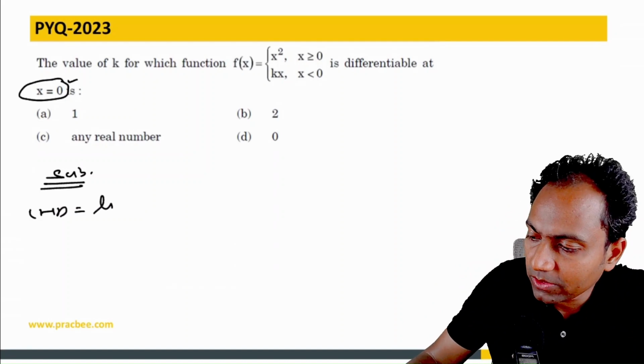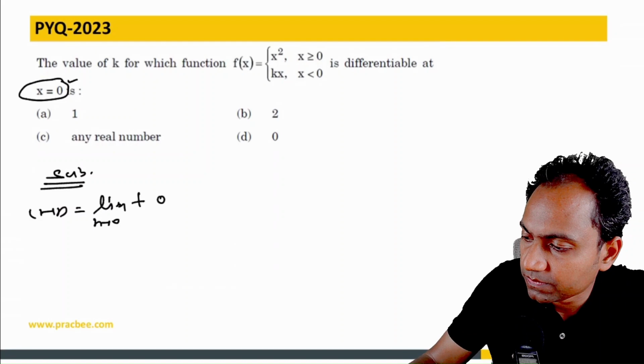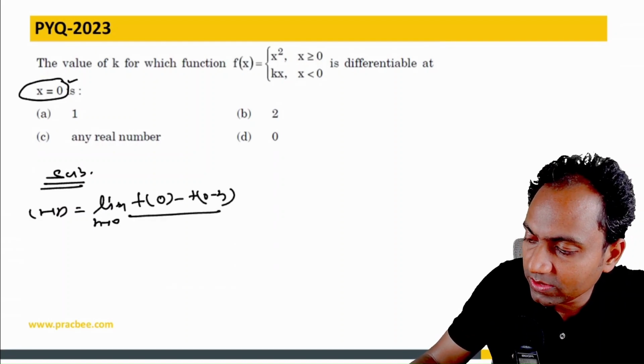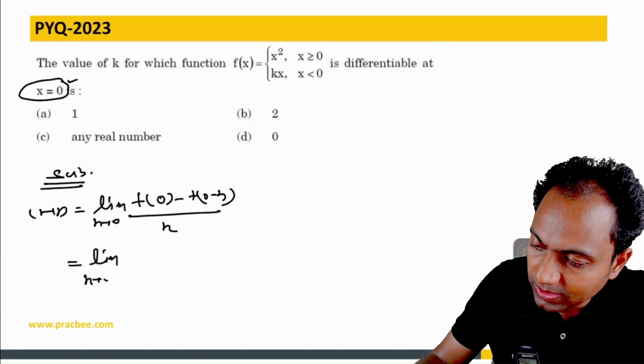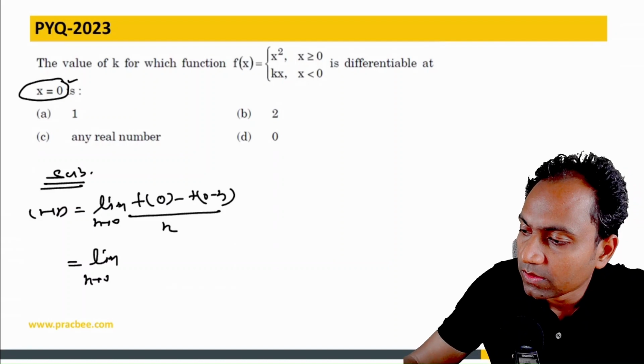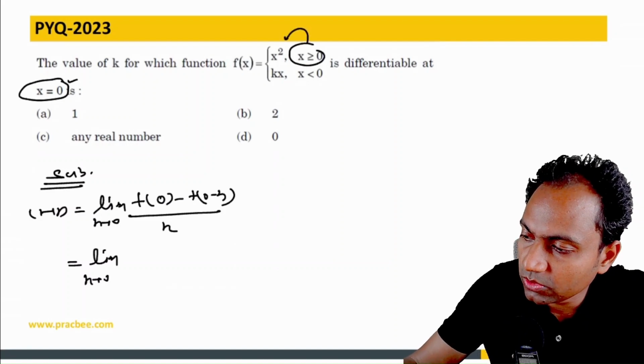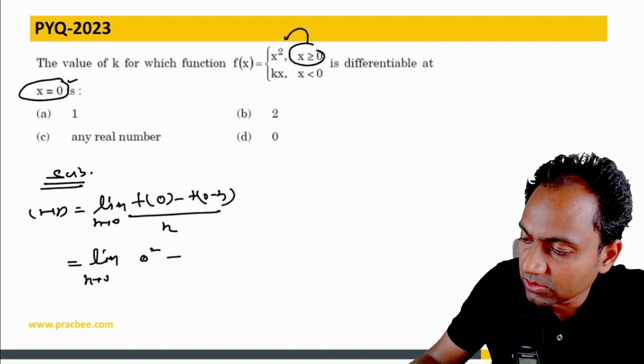So if I apply my concept, it is limit h tends to 0, f of 0 minus f of 0 minus h. So instead of a, I have written 0, by h. And if I write it down, it becomes limit h tends to 0, f of 0 will come from here. So if I put 0 here, I should get my answer. So this is nothing but 0 square.